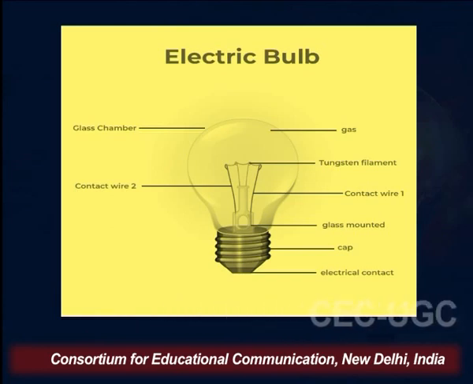Moreover, there is a cap, and at the lowest bottom we have the electrical contact, so that it can be put into another device to glow. And there is a glass chamber. All the things are covered in the glass chamber. It may be white, it may be red, it may be any color. Generally, we use white and yellow electric bulbs.